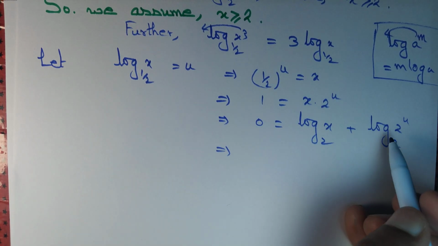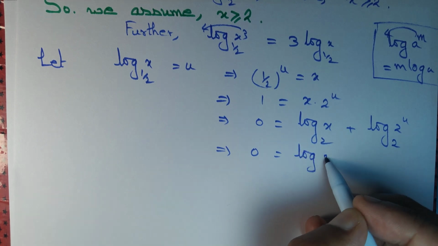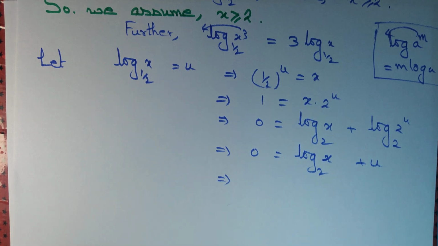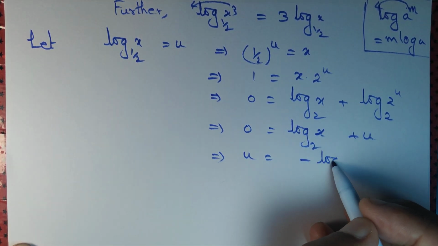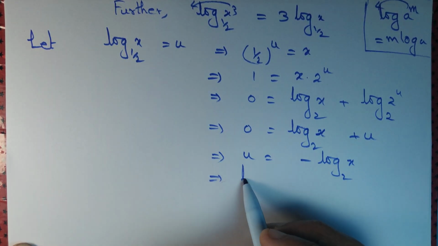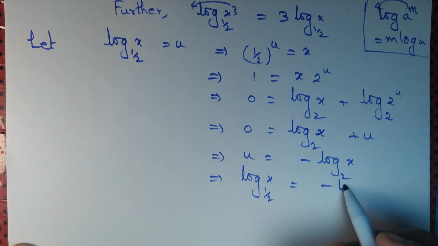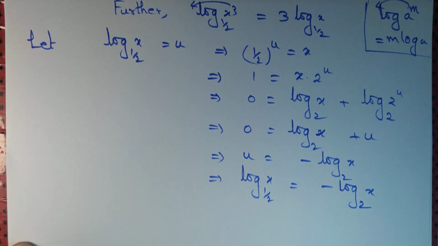So we can write this as 0 equals log of x with base 2 plus u. And so we can say u equals minus log of x with base 2. But what was u? u is log of x with base half, equal to minus log of x with base 2.